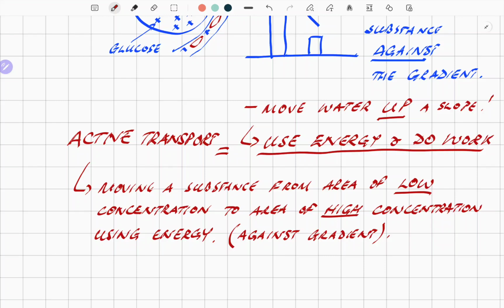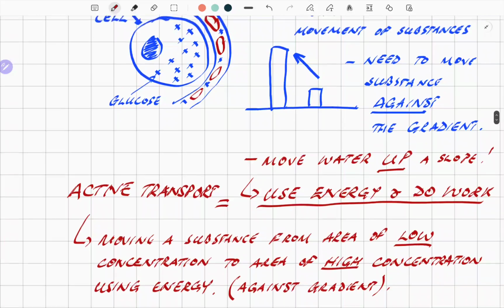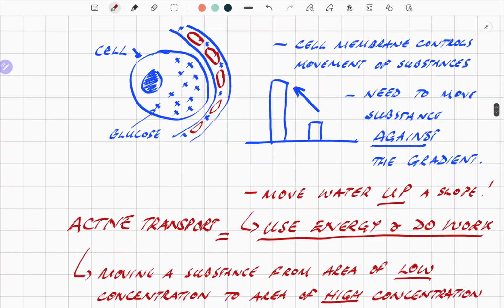Now, it's obvious that the amount of energy you're going to use to move the substance in has to be less than the amount of energy you get from it. So when we're moving the glucose into the cell, we're going to use some of it in respiration to release the energy that helps us move that substance in.